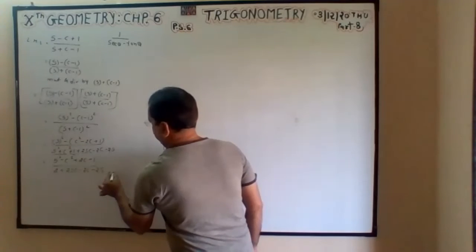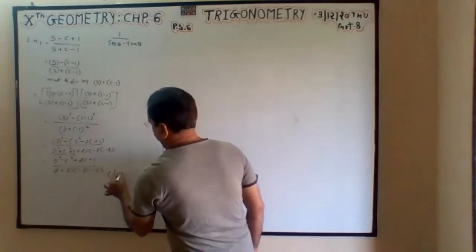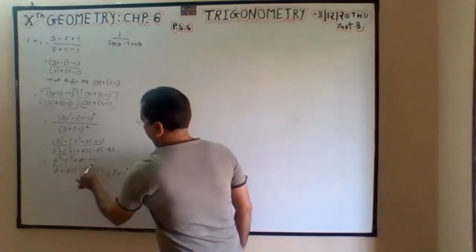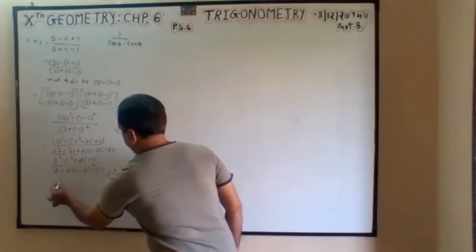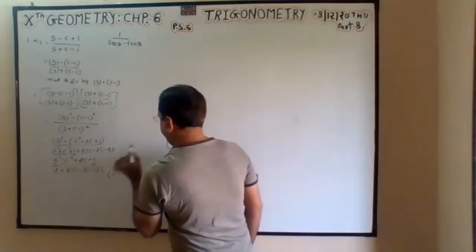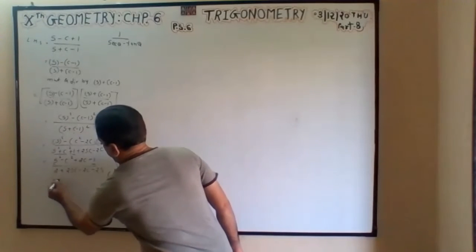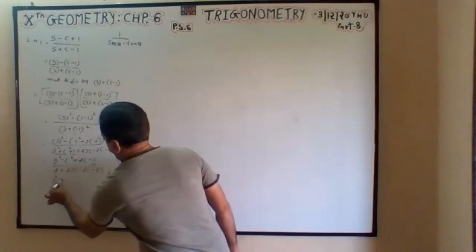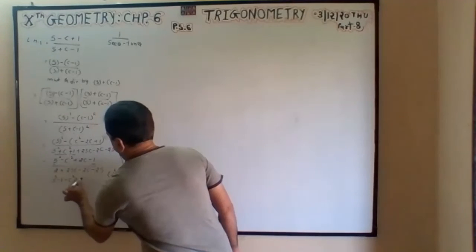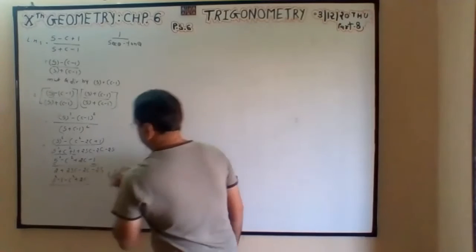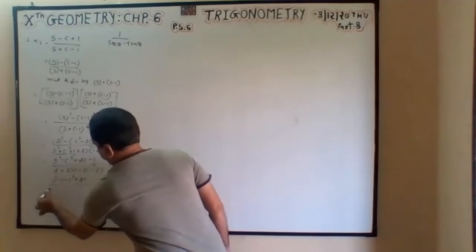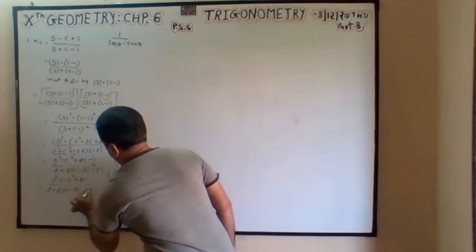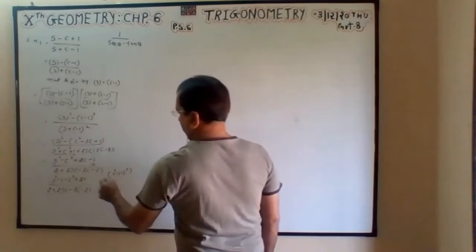Now I will write sin square minus 1 is equal to minus cos square. Substitution. Sin square minus 1 is equal to minus cos square. Sorry. So minus cos square, or arrange, first arrange: sin square minus 1 minus cos square plus 2 cos. Here I will write the same: 2 plus 2sc minus 2c minus 2s. Okay.